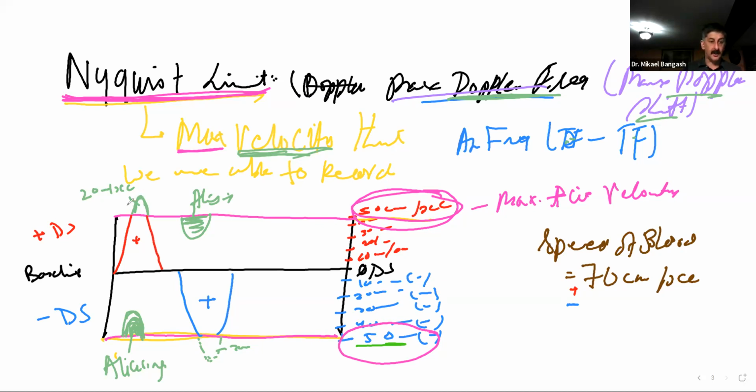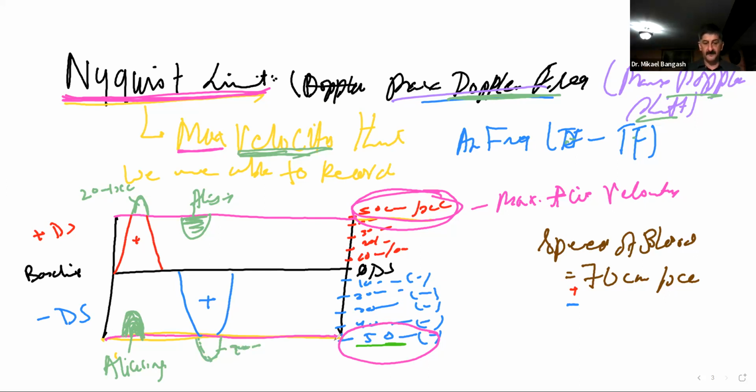So the tip of this actual positive Doppler shift is decapitated and is shown as a negative. Or this tip here, which was 20, remaining 20 centimeters per second.